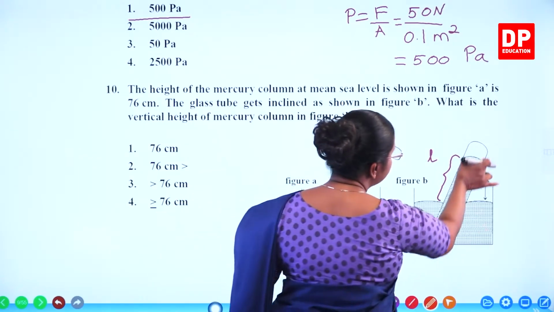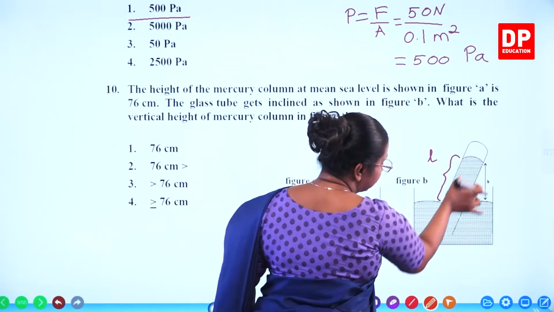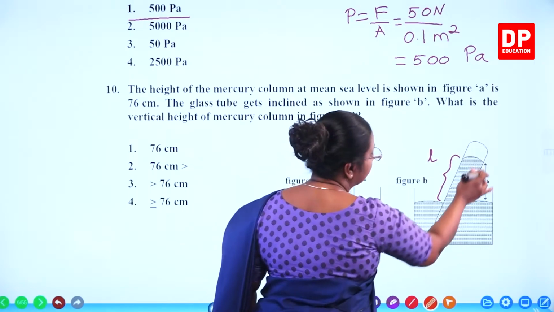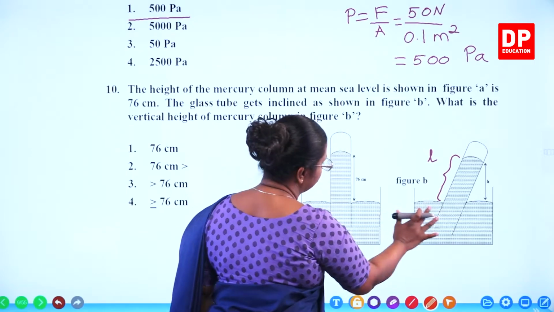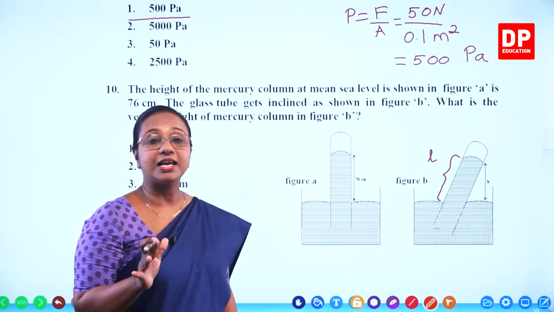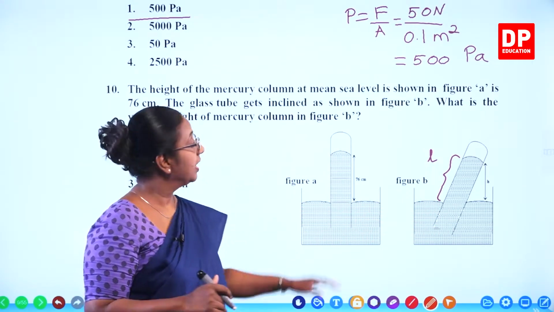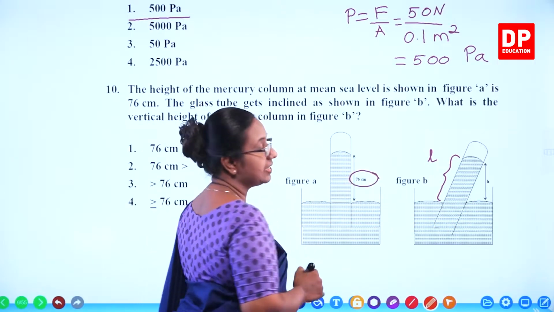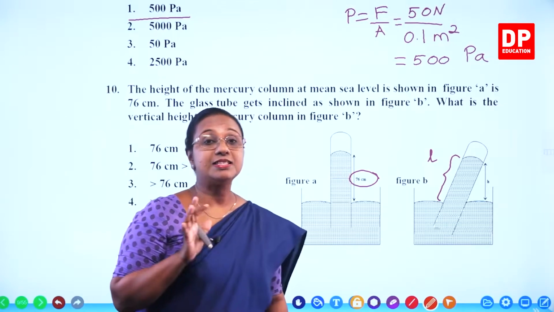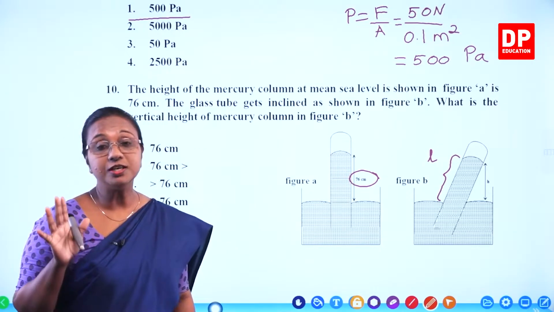Here, the shape is inclined, but the vertical height is this. If both of these barometers are kept at the same place, this vertical height has to be equal to 76 centimeters, because that is what is related to the pressure.